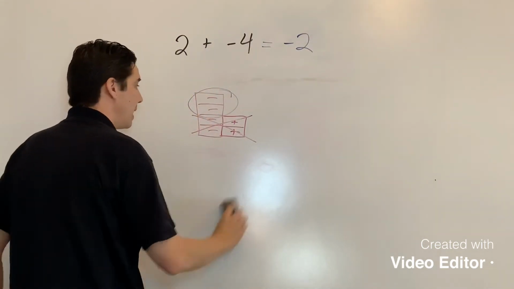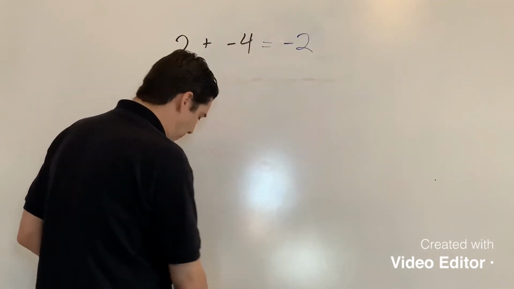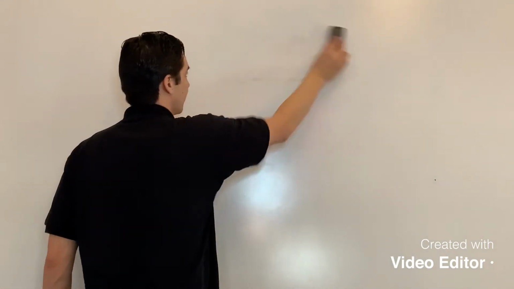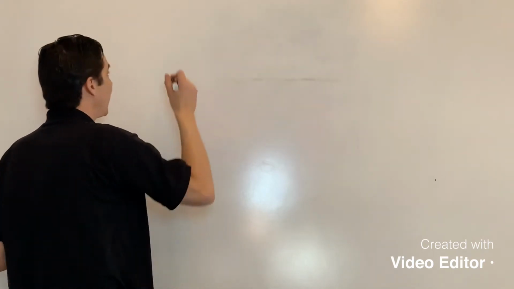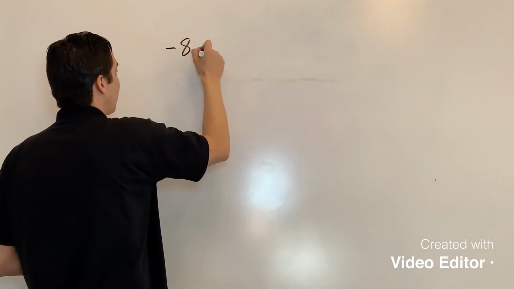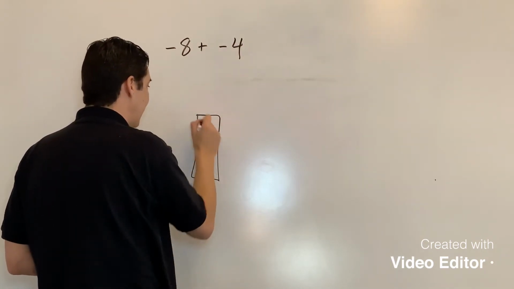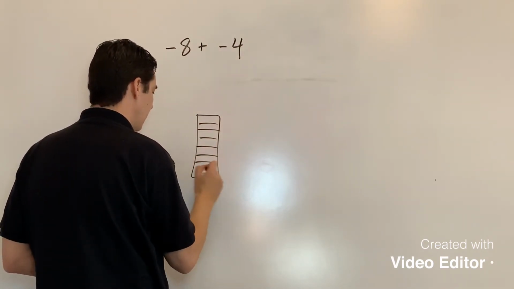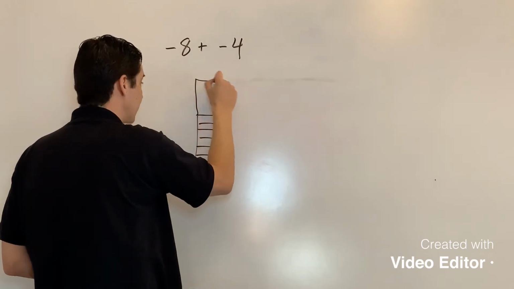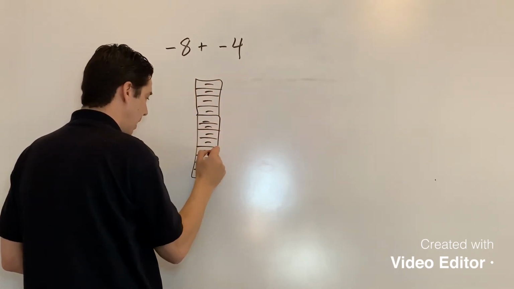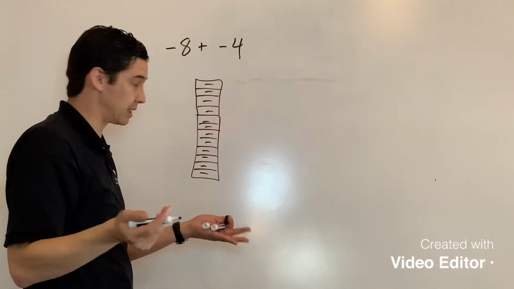All right? Take a look at one more example with algebra tiles, but this is simply for your visualization. If we have negative 8 plus negative 4, you're going to have 8 negatives and 4 negatives, giving you a total of 12 negatives.